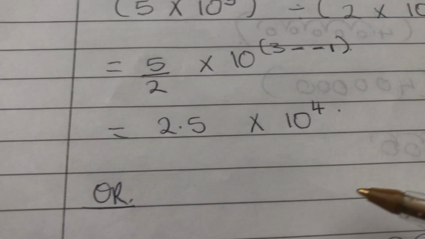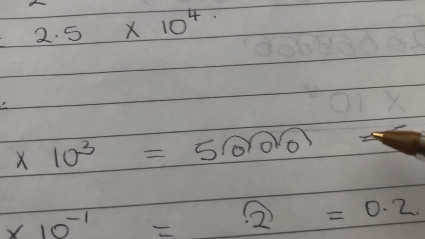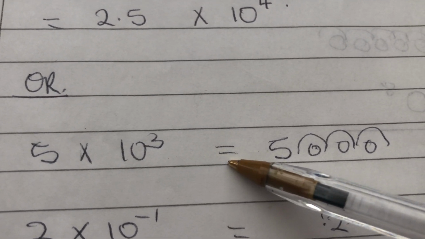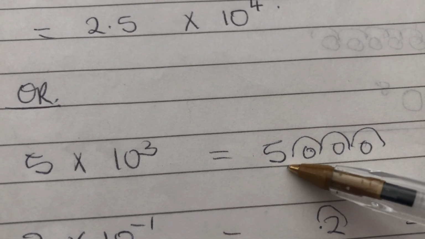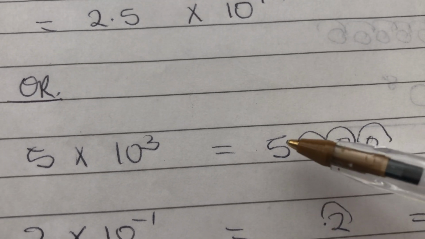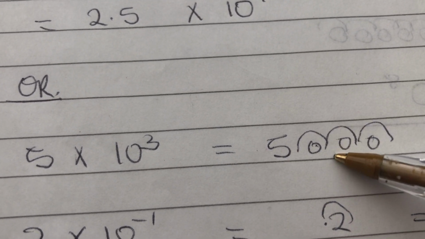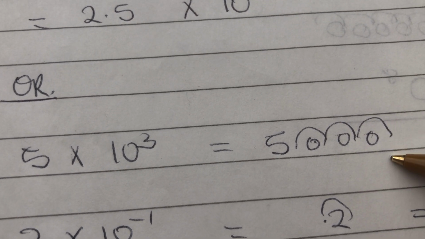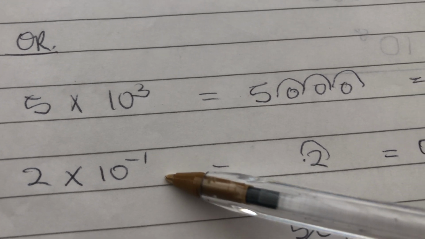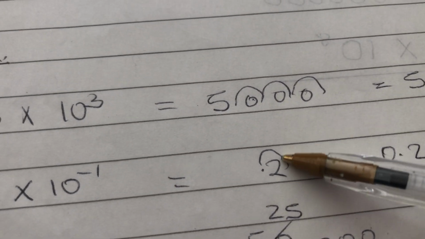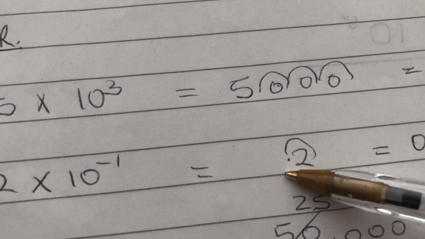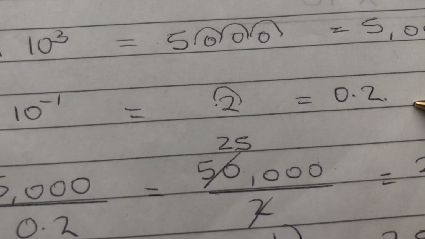Or we can change them to whole numbers. So 5 times 10 to the power 3 will be 5000, or we move 3 places. And then 2 times 10 to the power minus 1: we move 1 place, so we have 0.2.